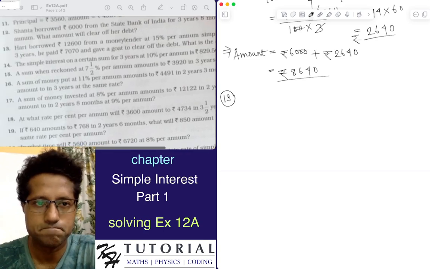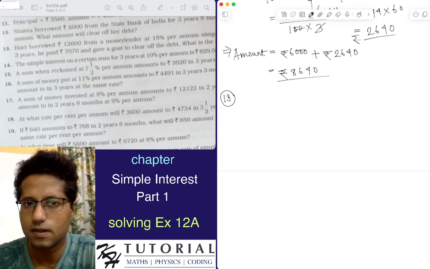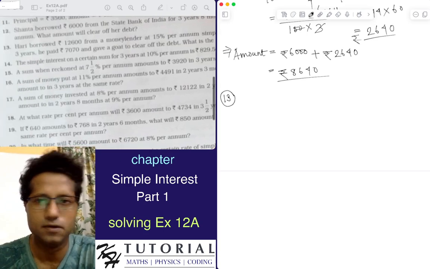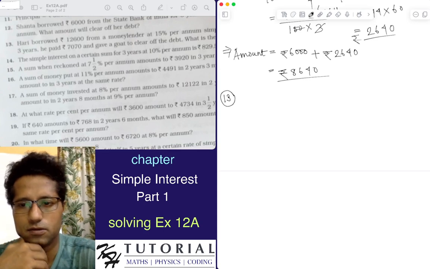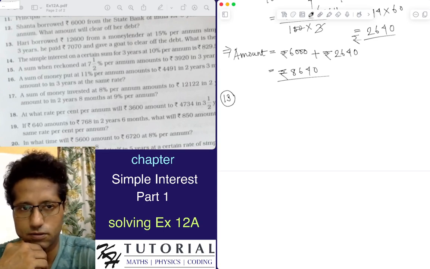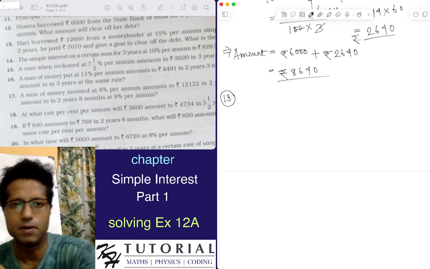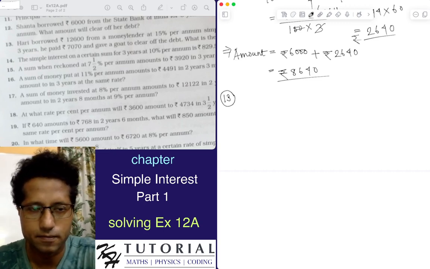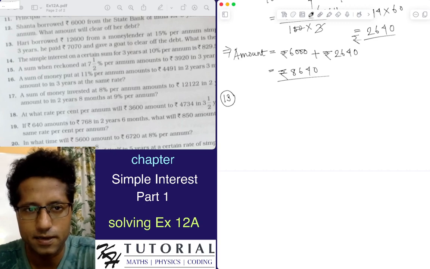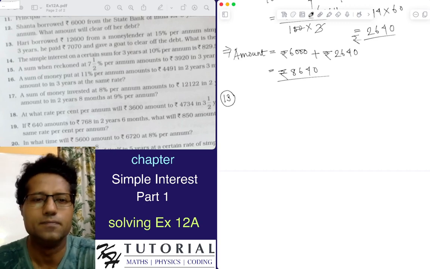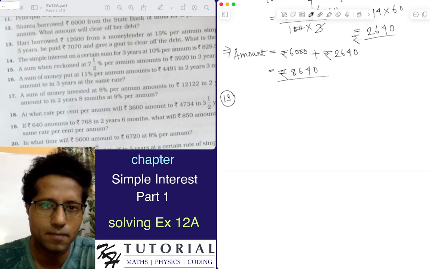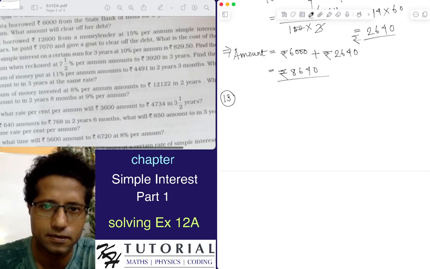So the principal was 12,600, the rate percent was 15, and it was simple interest. Now after 3 years means time is 3 years. After 3 years, what is the amount Hari needs to pay? Whatever that amount is, we can easily calculate it. Now from that amount, it is saying that he paid rupees 7,070 and gave a goat to clear off the debt. So definitely the cost of the goat should be the amount minus 7,070.